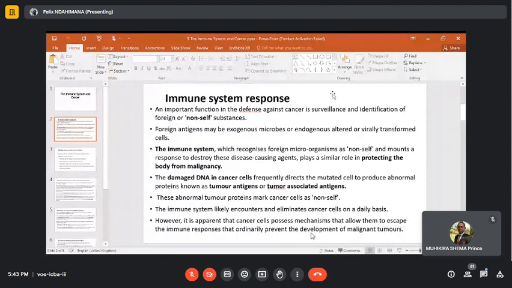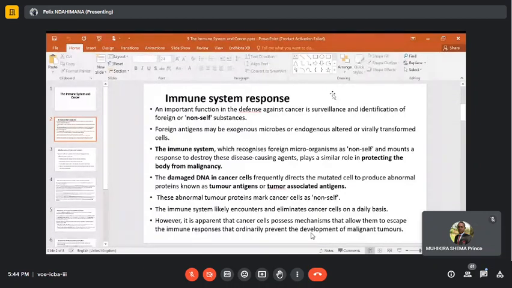However, it is apparent that cancer cells possess a mechanism that allows them to escape the immune response that ordinarily prevents the development of malignant tumors. So this is the issue. Yes, we have a strong immune system, but probably the cancer cell has also got a strategy to evade or hide from the immune system.